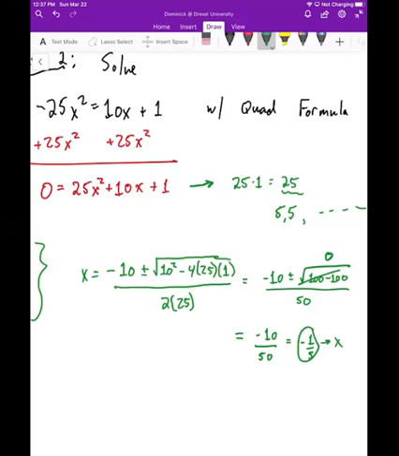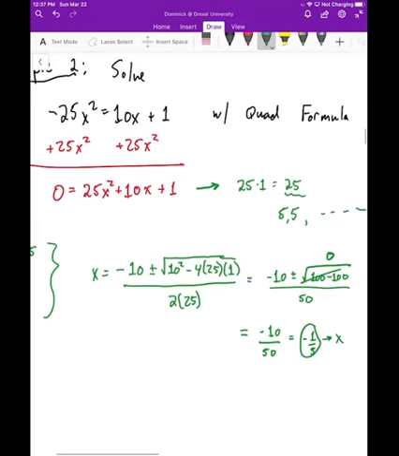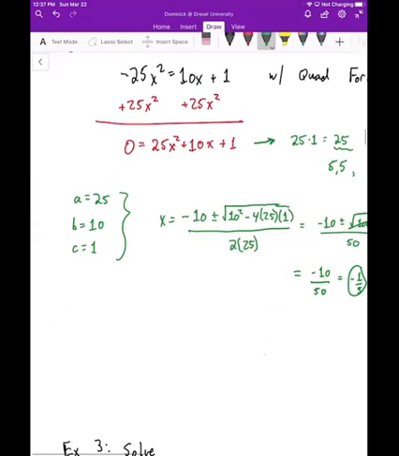And of course, this would make sense because if you choose to factor this, and it might not be a bad idea to refresh how to factor this, you could break this into 25x squared plus 5x plus 5x plus 1 equals 0.